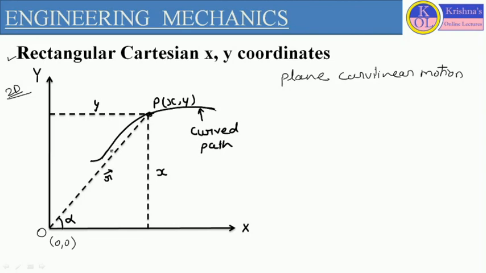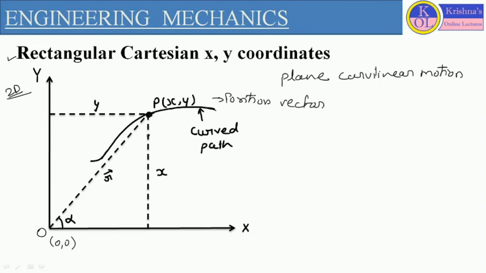Now this is a curved path which is placed in the XY plane. Let us consider one position of the particle. As I told you, the position of the particle is generally defined by the position vector. To define the position vector, we have to define the coordinates of this particular position from the x-axis and from the y-axis.